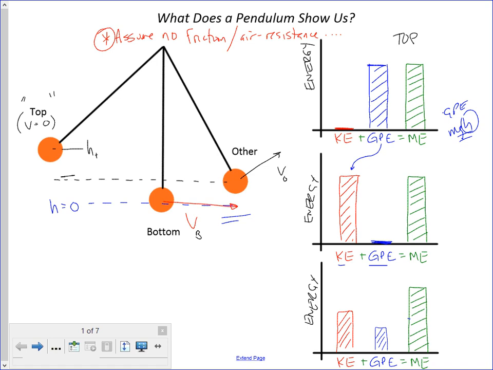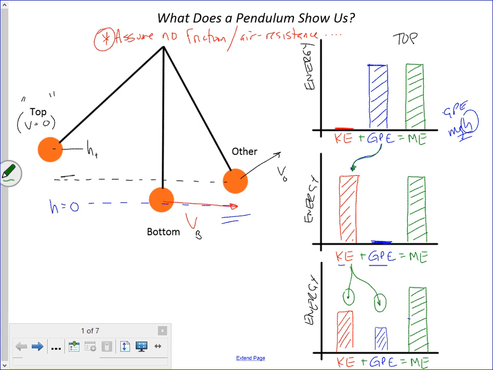Okay, so when we go from bottom to top, it looks like this kinetic has turned into some GPE, but there's still some kinetic. So there can certainly be transformations like this where one kind of energy turns all the way into another, or it could be that there's still some of the original and some other transformation happening.